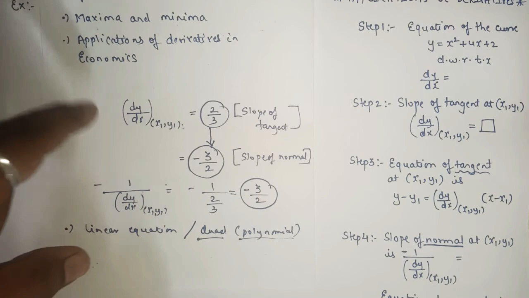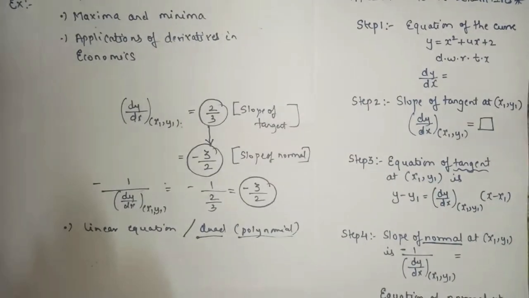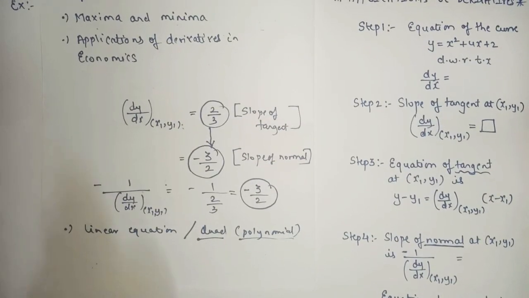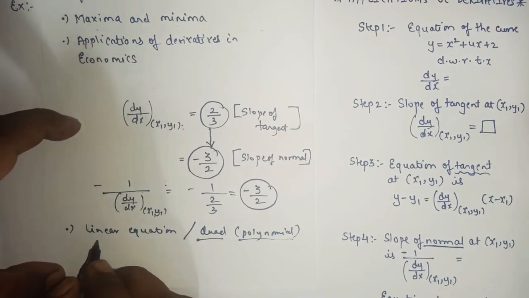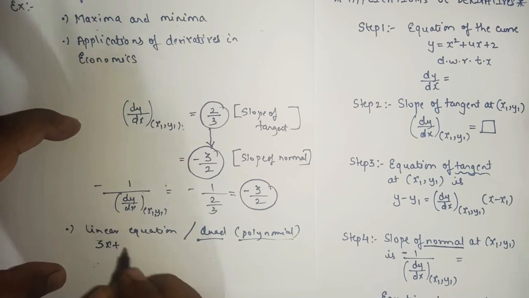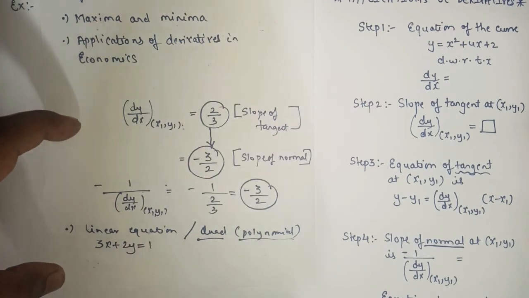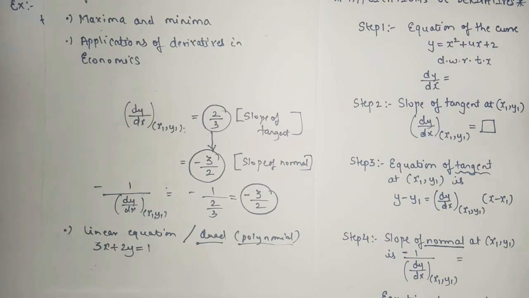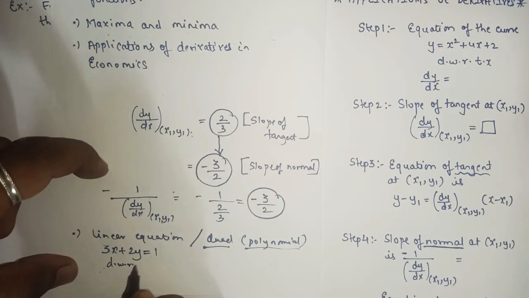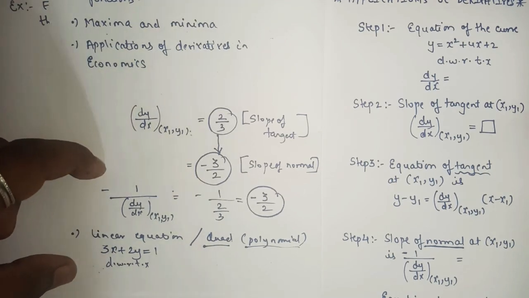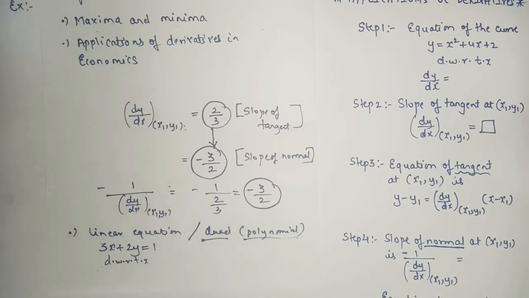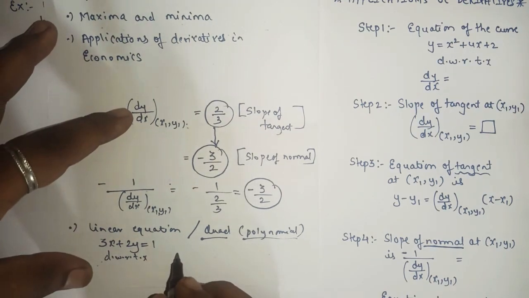Whenever you have a linear equation, like suppose 3x plus 2y equal to 1, here you can either find the derivative with respect to x to find dy by dx, or we can find the answer directly, using the formula from 10th standard, which I hope you all know.